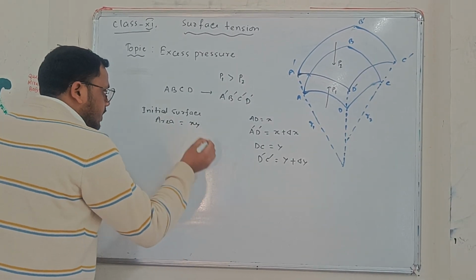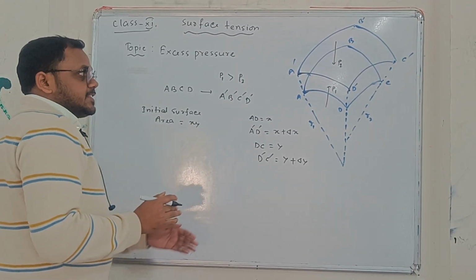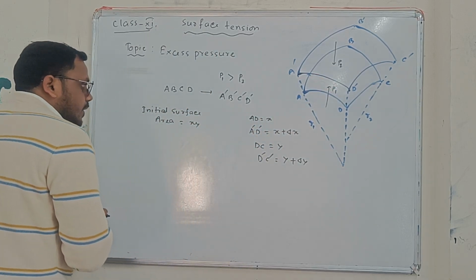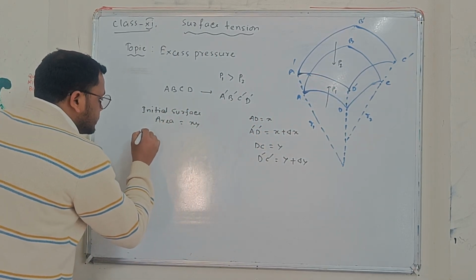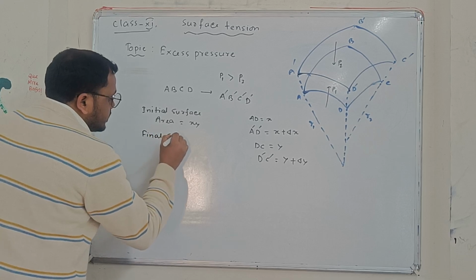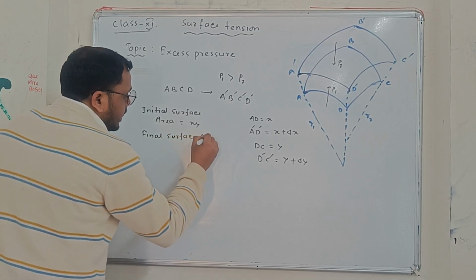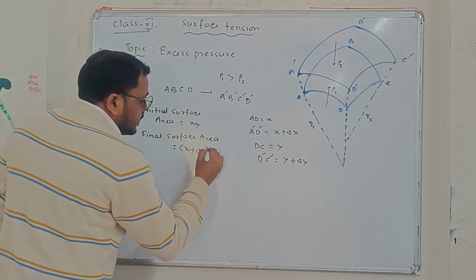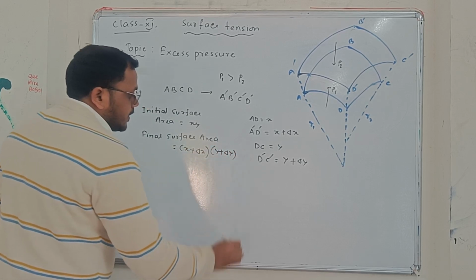After excess pressure acts on the thin film, the area increases, and the final surface area is x plus del x into y plus del y.